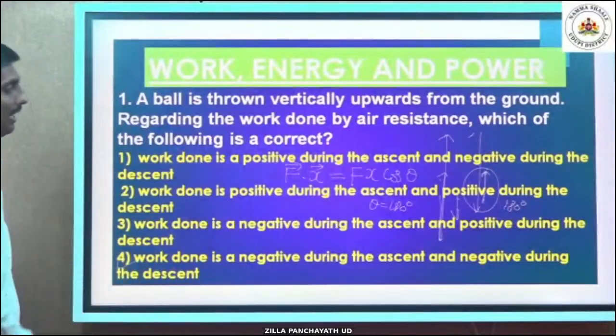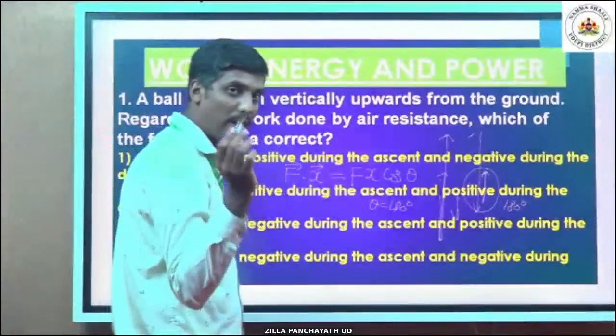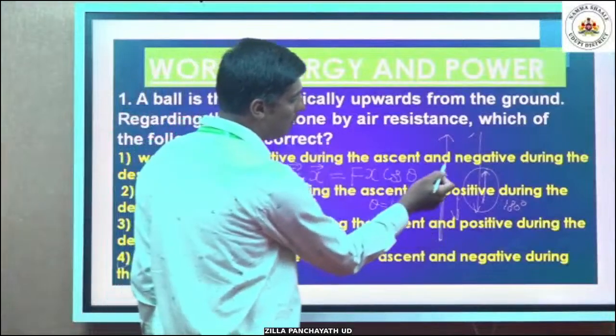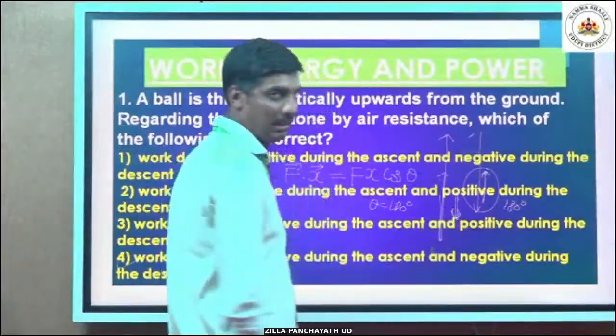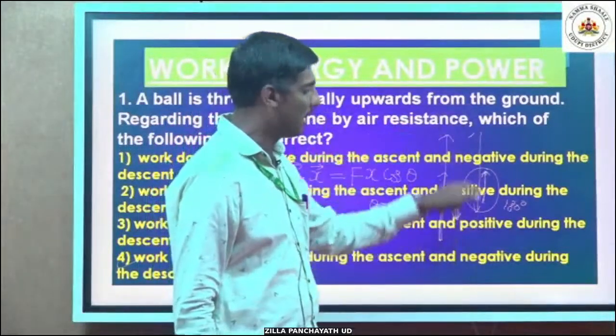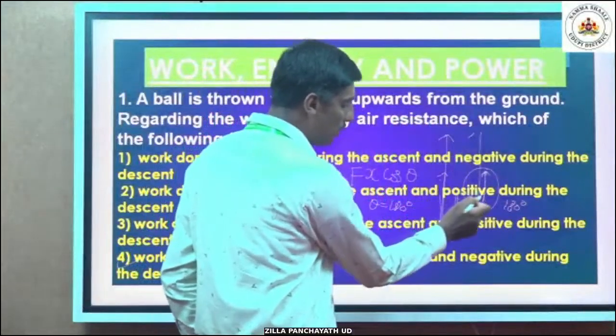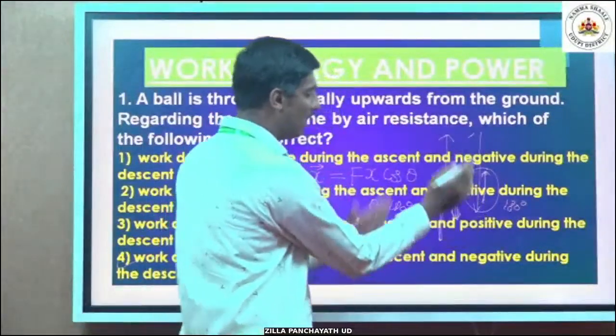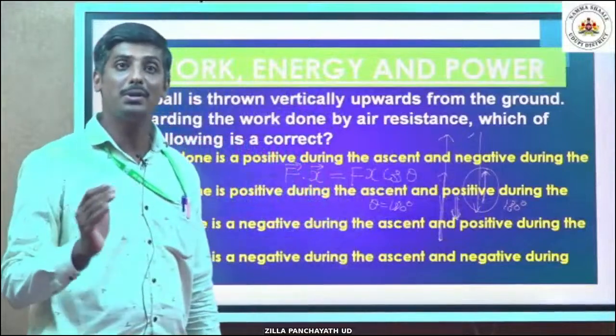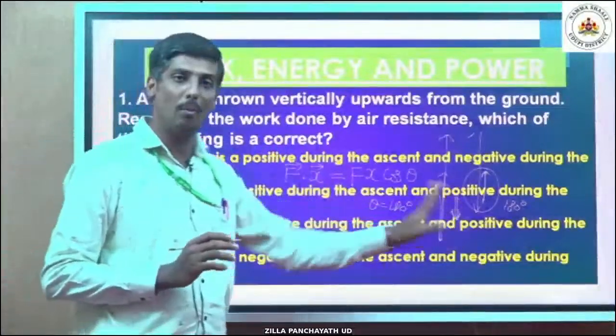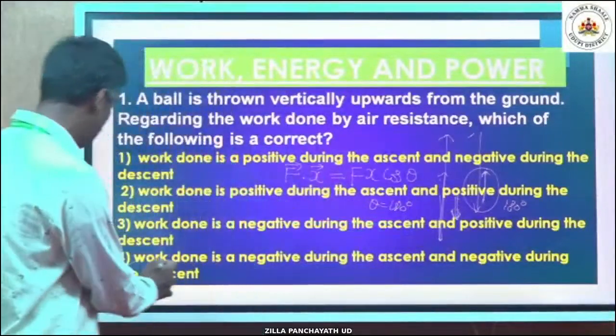So this is the correct answer. What students confuse is thinking that during coming down the air resistance is also acting downwards only. No. In both cases, the air resistance always opposes the motion, that means they are acting in opposite directions. So this is the answer, students.